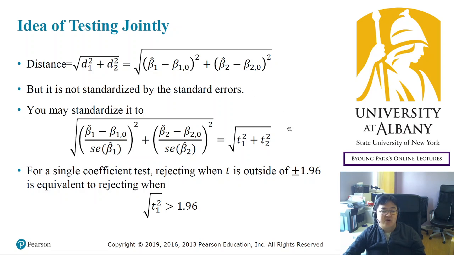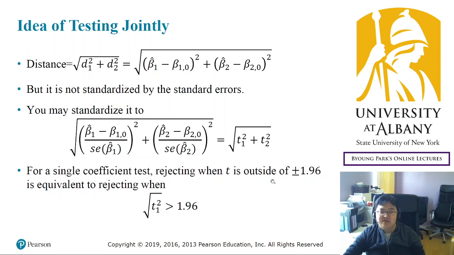And also, you may think this is a natural extension of one-dimensional hypothesis testing. Remember that we reject the single hypothesis if the T statistic is outside of plus or minus 1.96.